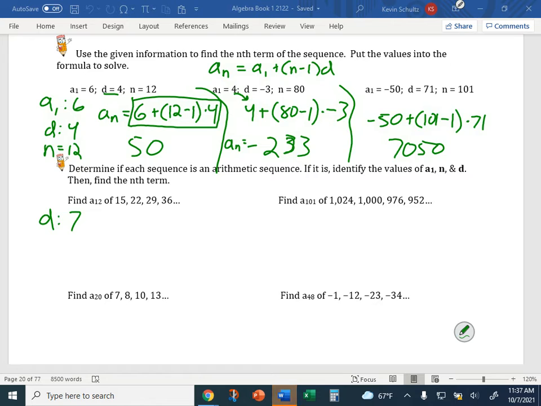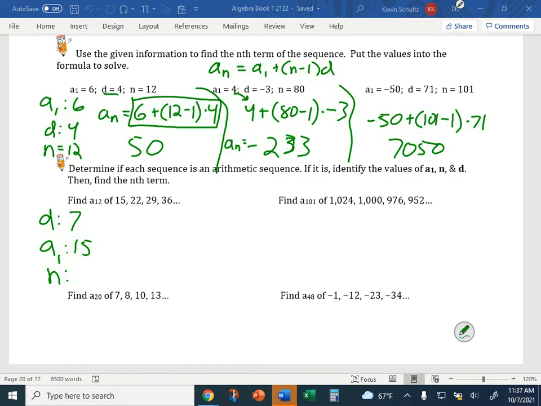Okay? What's our first term? What's our A1 value here? Sasha? 15. We can see that's where we start. And what's N? We haven't come across this notation yet, but if it says find A12 of 15, 22, 29, 36, what do you suppose N is here?